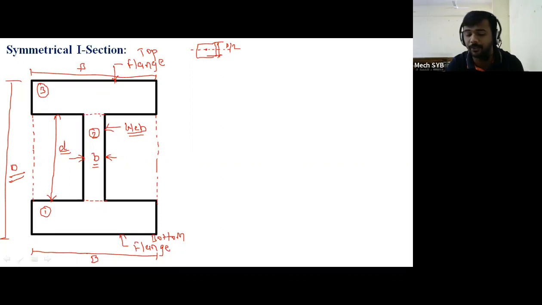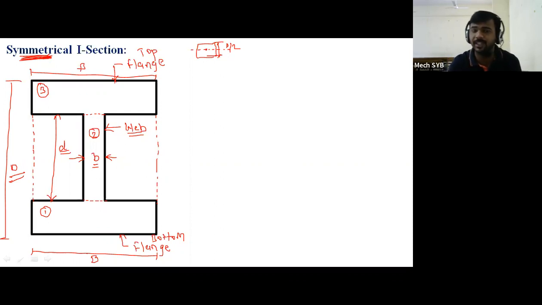Please keep in mind, one formula is lengthy in the sense that we have to do the maximum calculations and then you will get the moment of inertia, and only one formula is there through which we can directly calculate the moment of inertia for the symmetrical I section only. जो direct formula आहे तो फक्त symmetrical I section साठीच वापरला जातो. If there is an unsymmetrical I section or an unsymmetrical T section, then that direct formula will not be applicable for those sections. It is applicable only for symmetrical I sections.